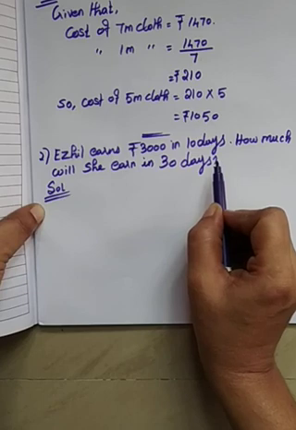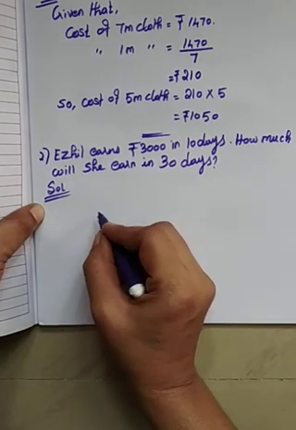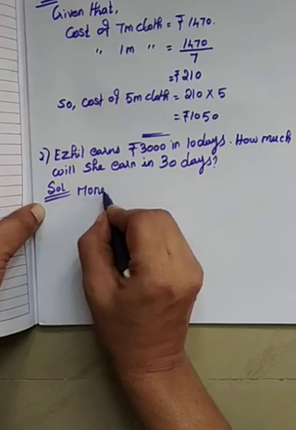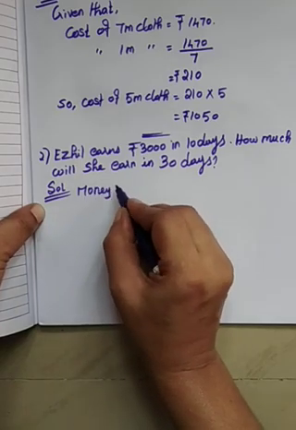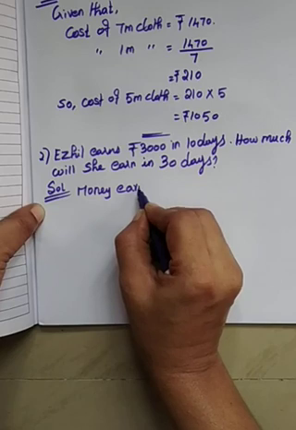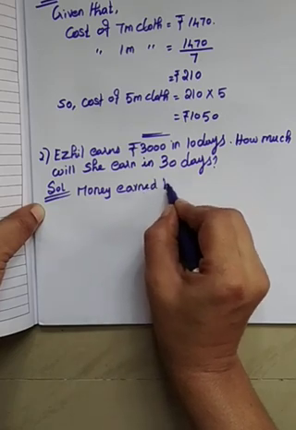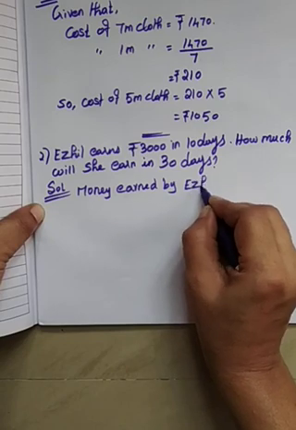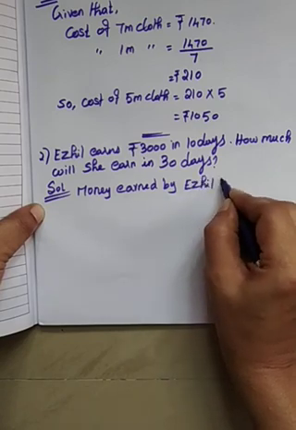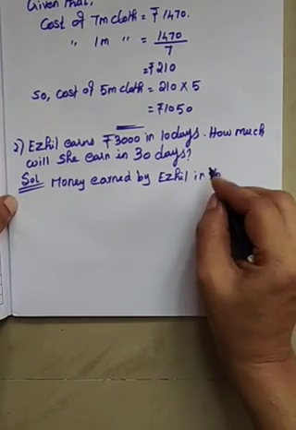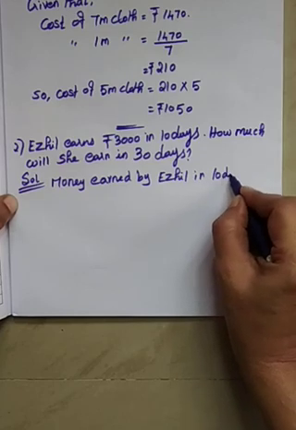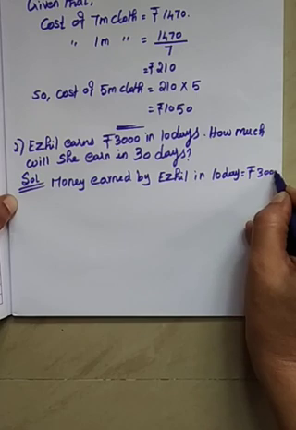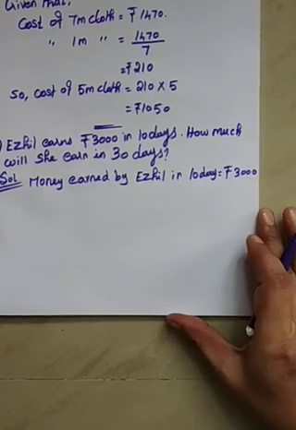So first you have to write money earned by Elil in 10 days is equal to how much? Rupees 3000. Right?